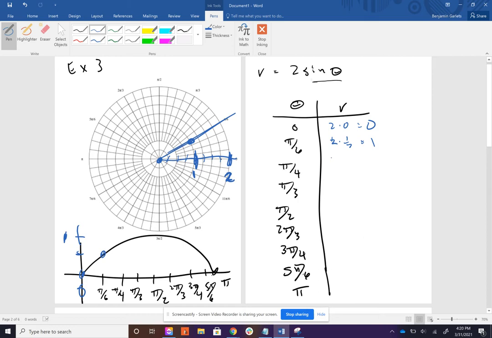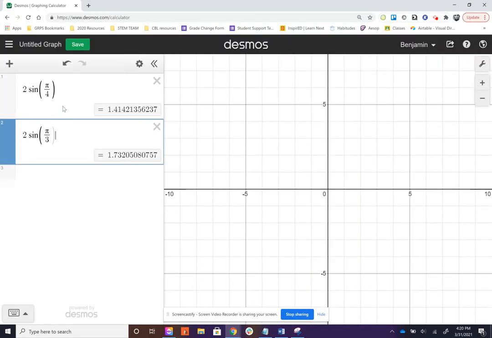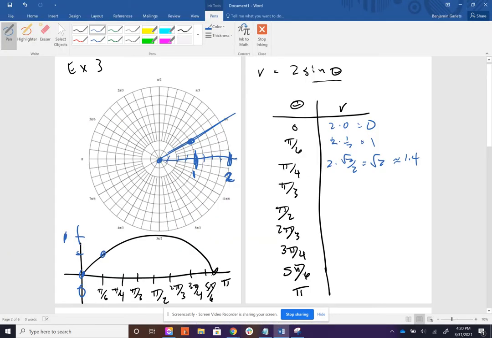Pi over 4 is 2 times square root of 2 over 2. It's going to be square root of 2, which is approximately equal to 1.4. You can validate this using Desmos here. So it's 1.4-ish. So that means when we have pi over 4, we're going to come out to just about 1.4.